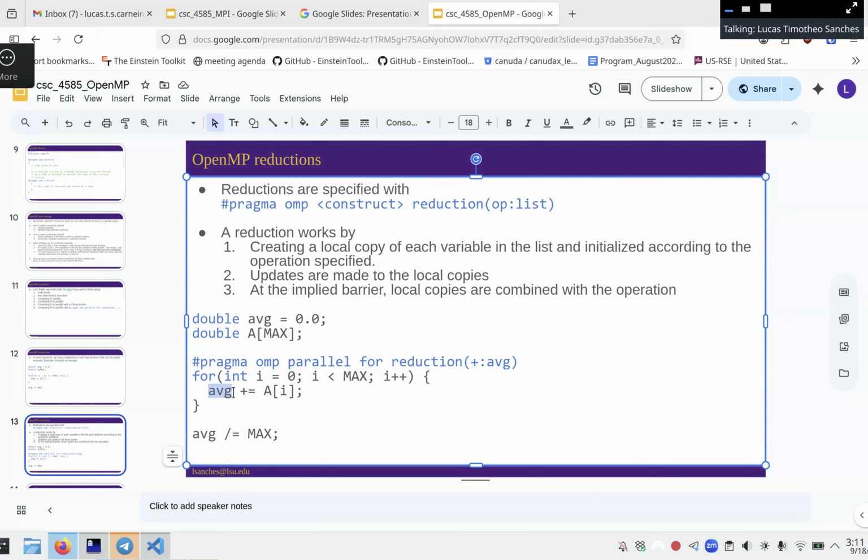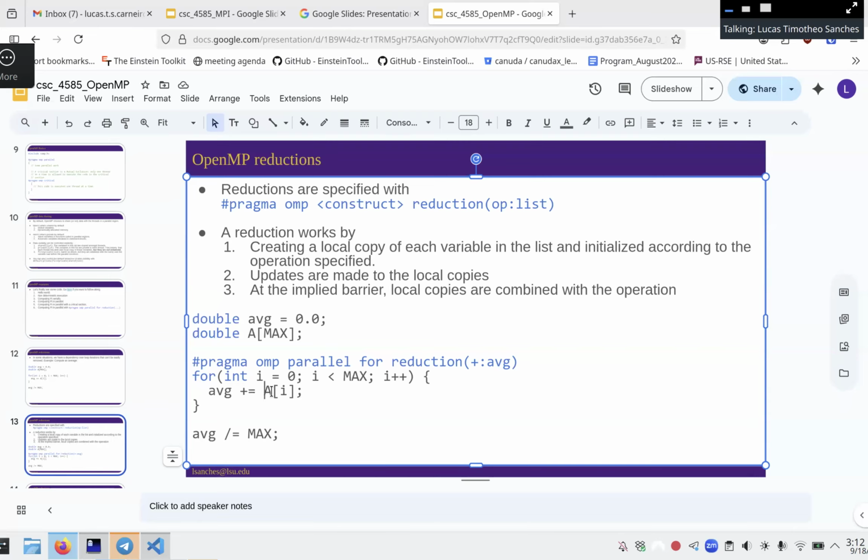So let's think that we have two threads, or three threads, and all of them will be reading different values of this array. So thread 0 will read value 0, thread 1 will read value 1, and thread 2 will read value 2.